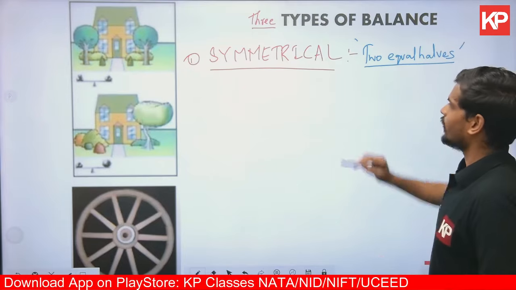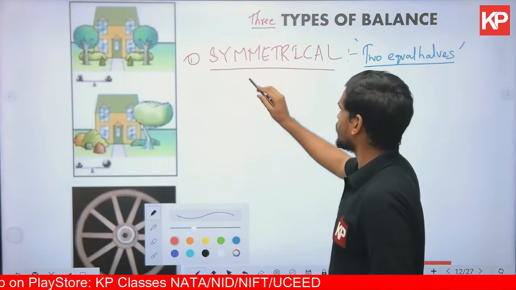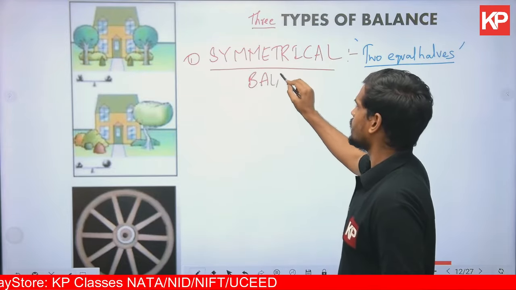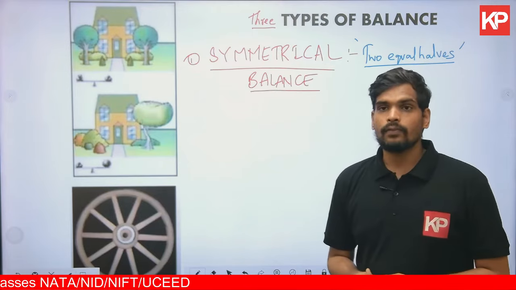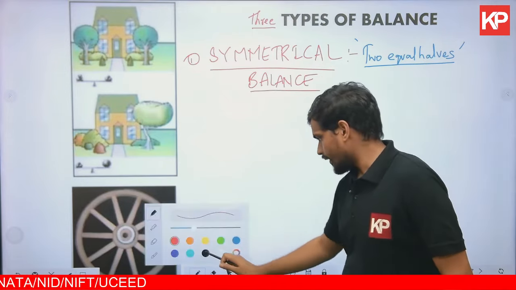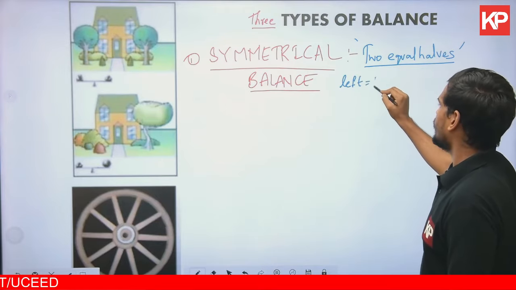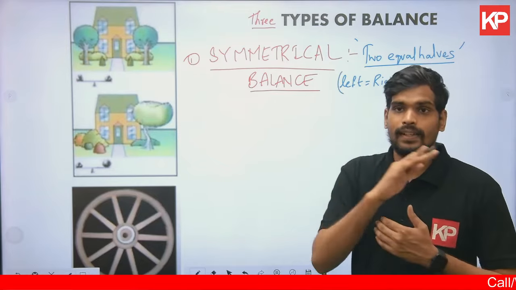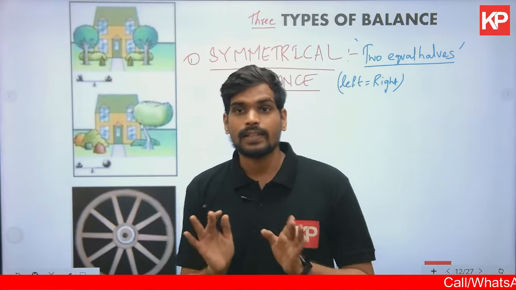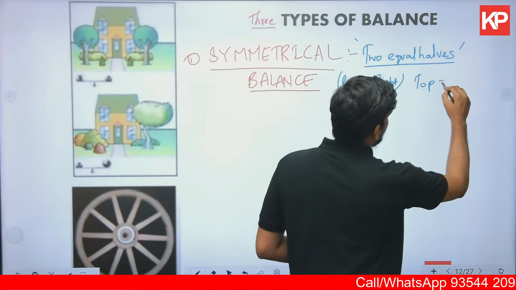Generally it could be like left is equal to right, left part should be equal to right part. In the example I gave you of the human body, left part and right part are equal, so that is symmetrical balance. Other than that, it could also be like top is equal to bottom.